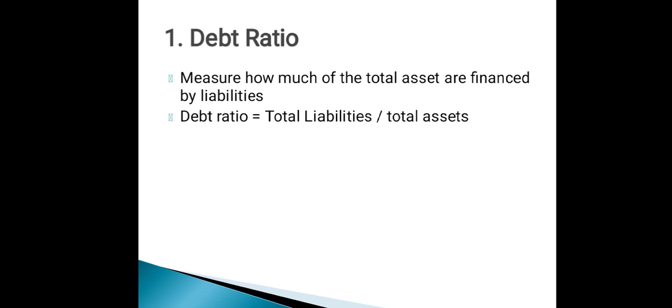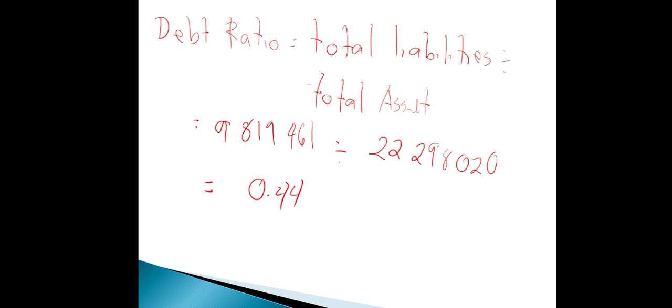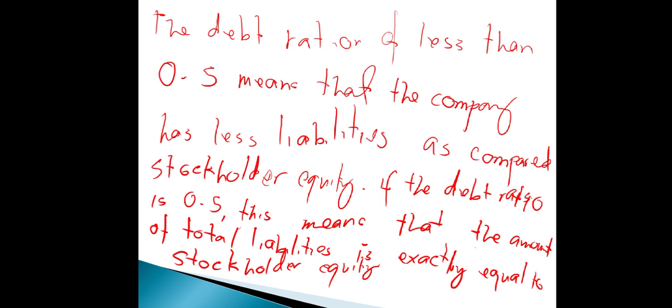Then another type of ratio, we have the debt ratio. It measures how much of the total asset is financed by liability. It is equal to total liabilities divided by total asset. So this is the result, 0.44. Just look at the table that I've sent to you last time. The result means that if the ratio is less than 0.5, the company has less liability as compared to stockholder equity.